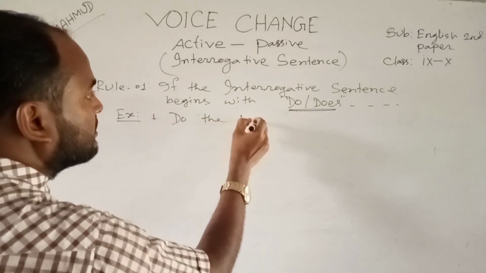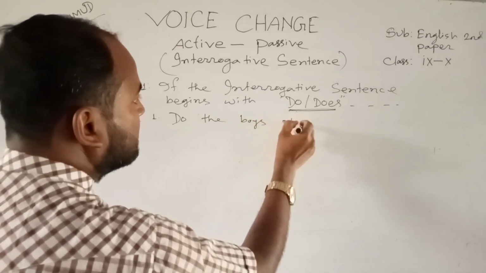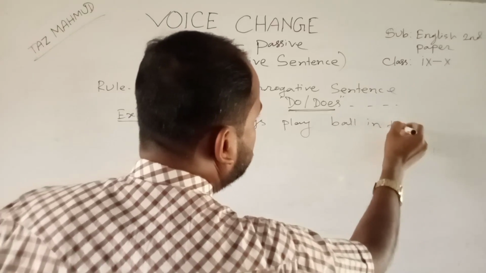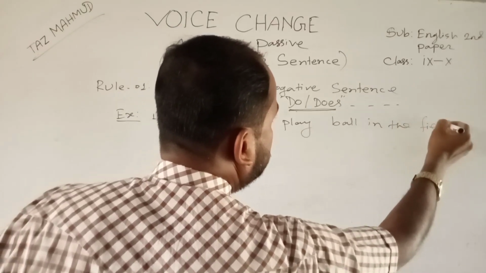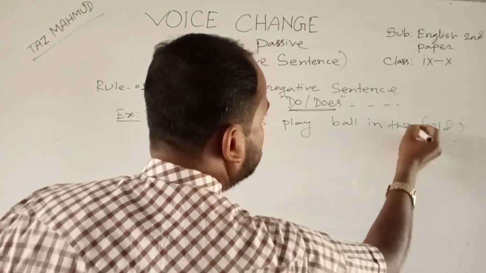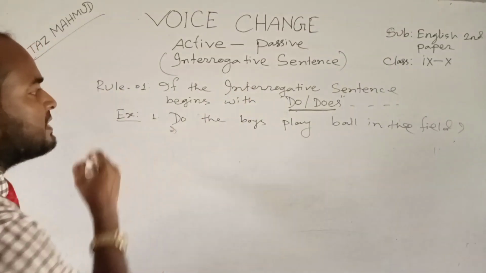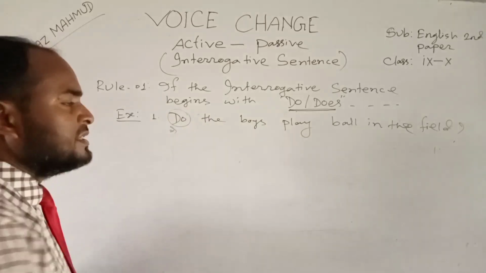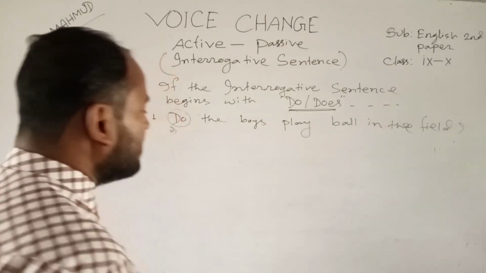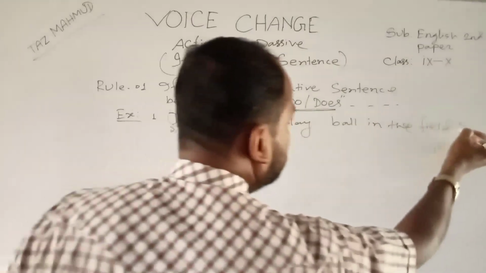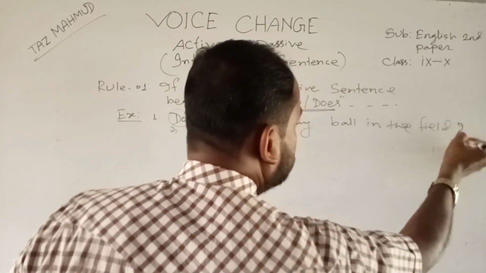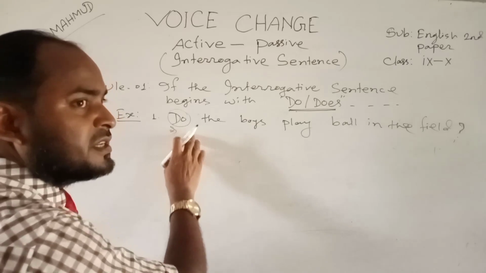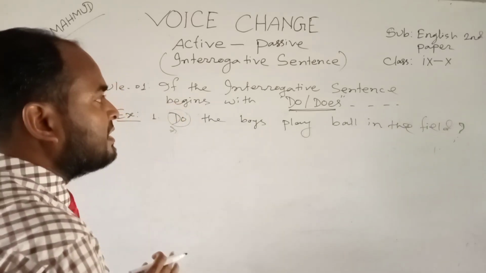Do the boys play ball in the field? My dear learners, this is an interrogative sentence and it begins with do, and there is a note of interrogation at the end of the sentence.